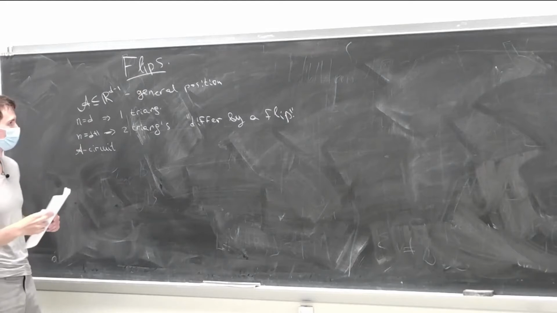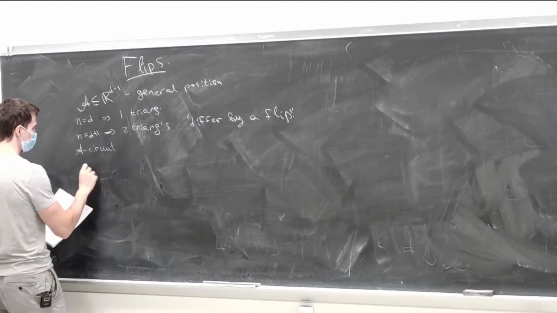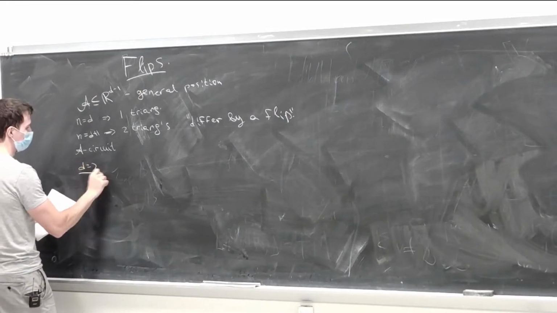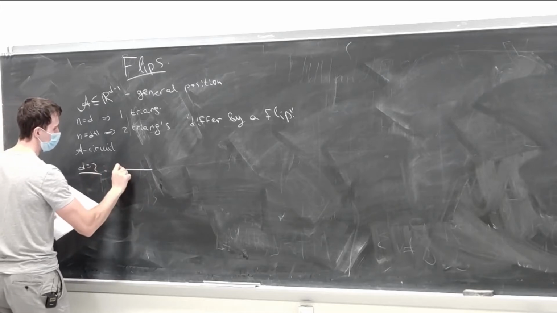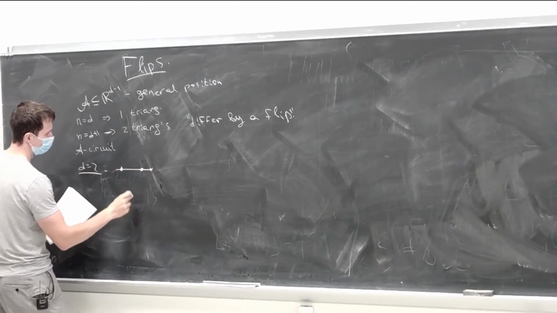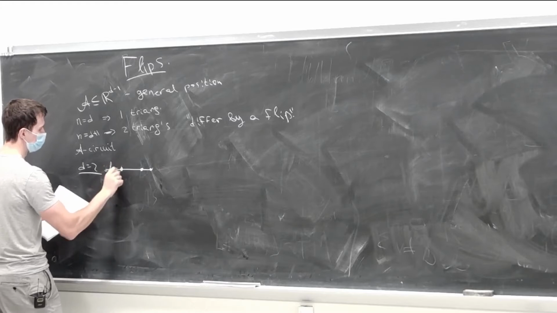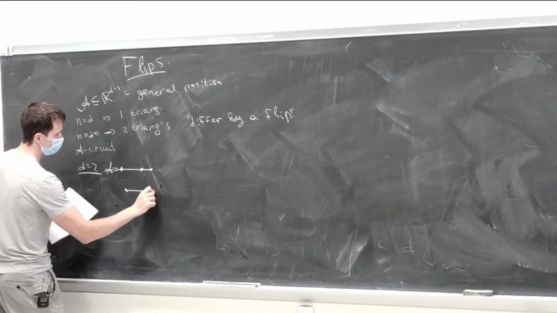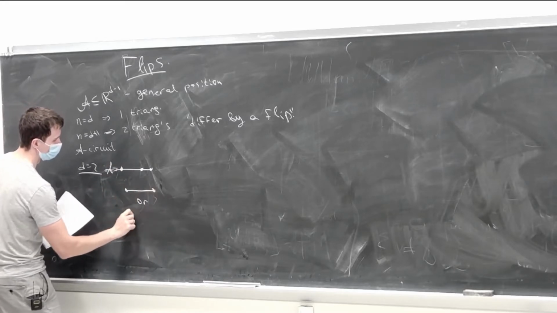All right? And yeah, some examples: when d equals 2, we can have 3 points on the line, and then the two triangulations, so this is A, and then the two triangulations look like this.